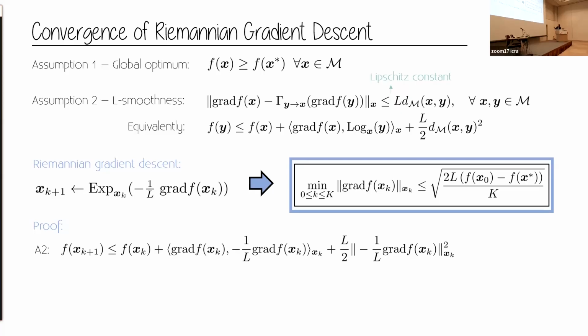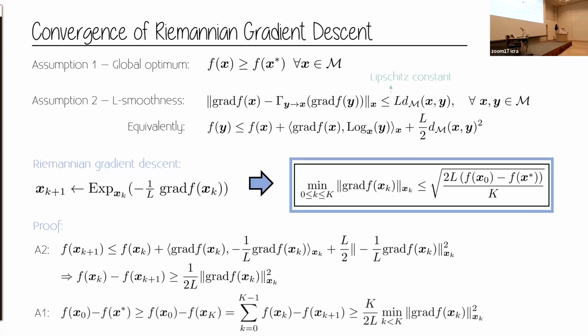And here, the log of this is simply equivalent to the gradient because of our descent formula that is here. Okay, we can rewrite this a little bit, and then we can simply see that the difference between the function at iteration k and iteration k plus 1 is bigger or equal than 1 over the Lipschitz constant times the norm of the gradient.